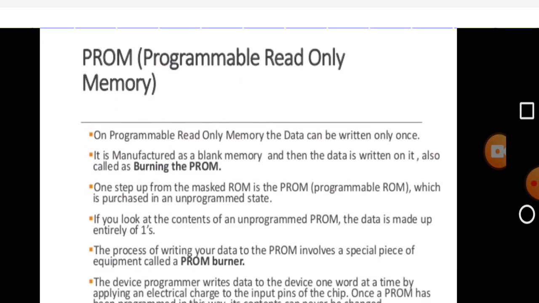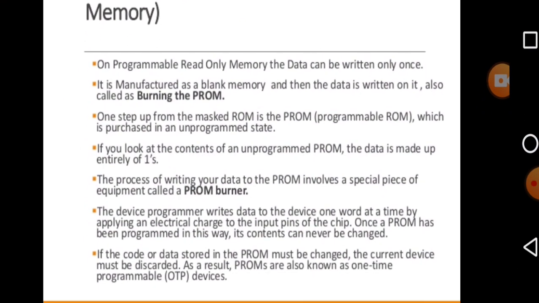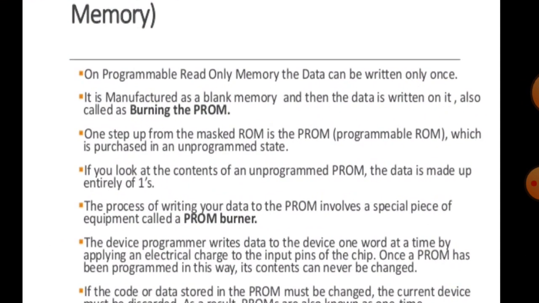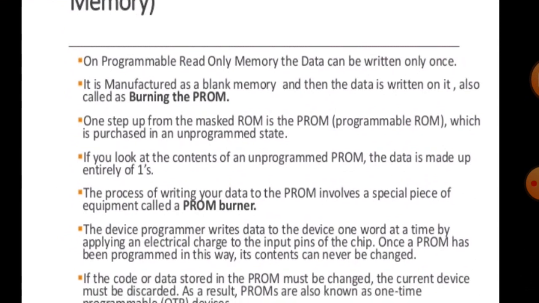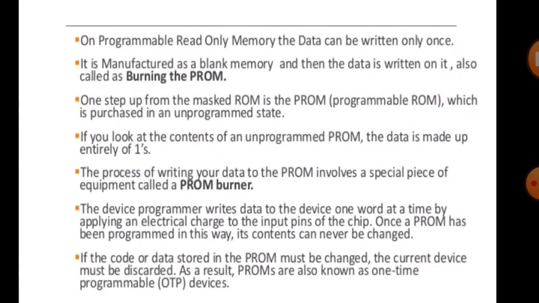Next, PROM, programmable read only memory. In PROM, the data can be written only once. It is manufactured as a blank memory, and then the data is written onto it, also called burning the PROM. One step up from the masked ROM is the PROM, which is purchased in an unprogrammed state.